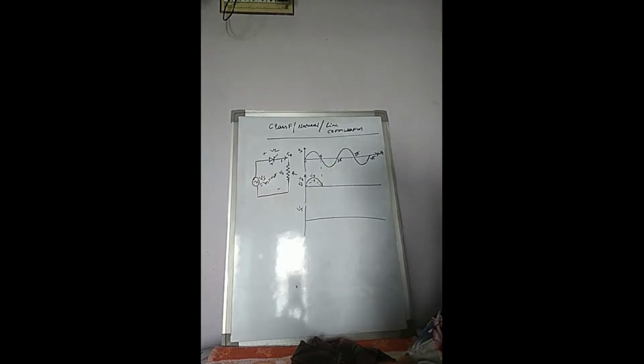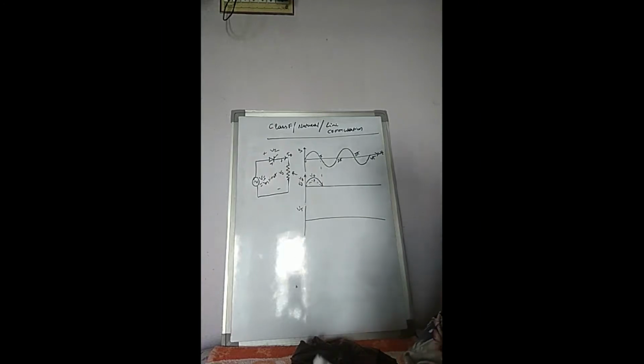But how is the thyristor turned off here? After pi angle, when there is a negative half cycle, this negative half cycle source voltage acts as a reverse voltage for the thyristor. When reverse voltage is applied across the thyristor, it is in reverse blocking mode. So the thyristor is now in off state.